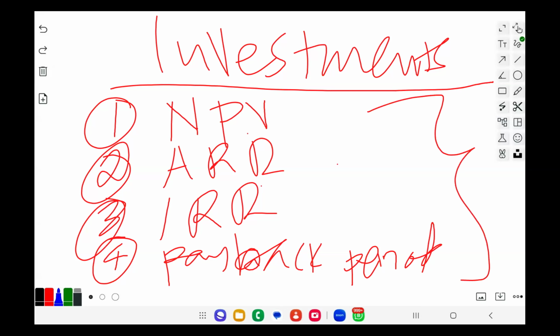So we need to know how to compute the NPV and how to choose an investment option using NPV, using ARR, using IRR, and using the payback period. Is that clear? It's an introductory session to investment analysis. Are we still connected? Do we have any questions? Any questions so far? So far, so good. Thank you very much. Now let's continue.